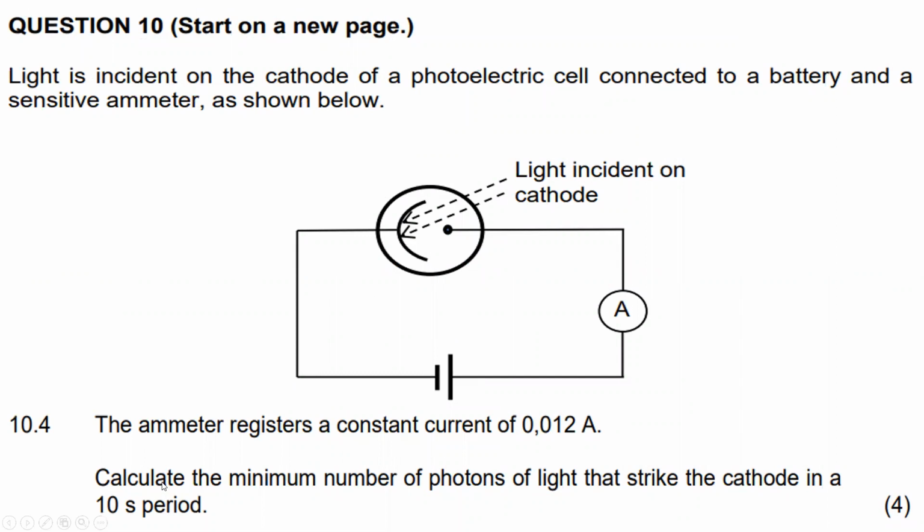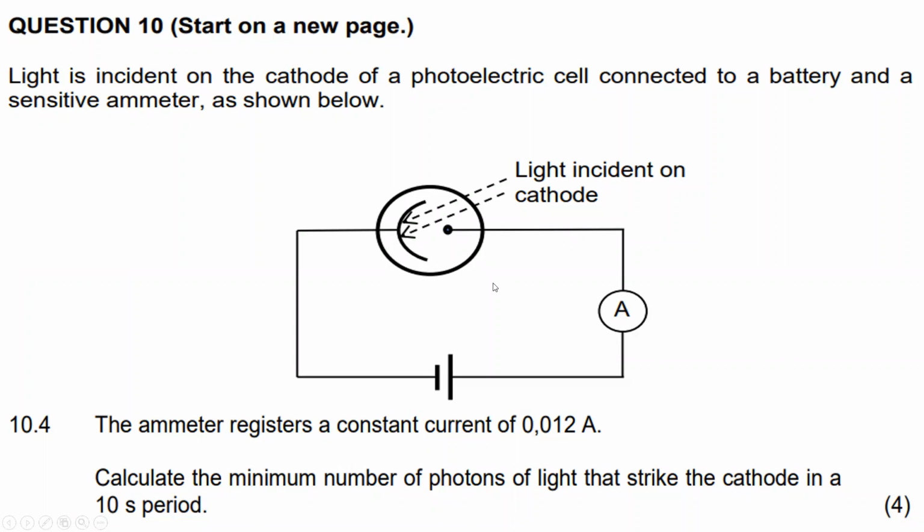Now we have a different question. Now they are mixing with an electric circuit. The ammeter reading, this current, is 0,012, and calculate the minimum number of electrons. Yes, we said electrons will move up, but now they are asking how many electrons will move up. For these questions, you can try first.